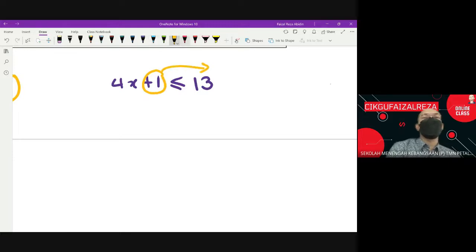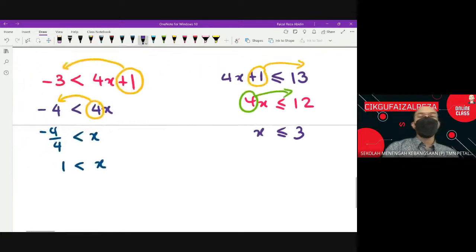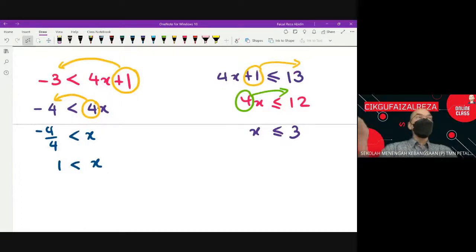So you are going to have 4x less than or equal to 13 minus 1, 12. After that, I'm going to bring 4 over here to the right side. Will our inequality sign change? No. Okay. So you are going to have x is less than or equal to 12 divided by 4, 3.